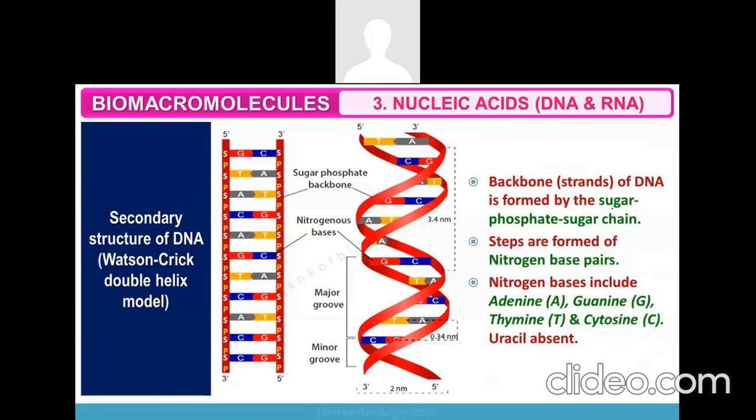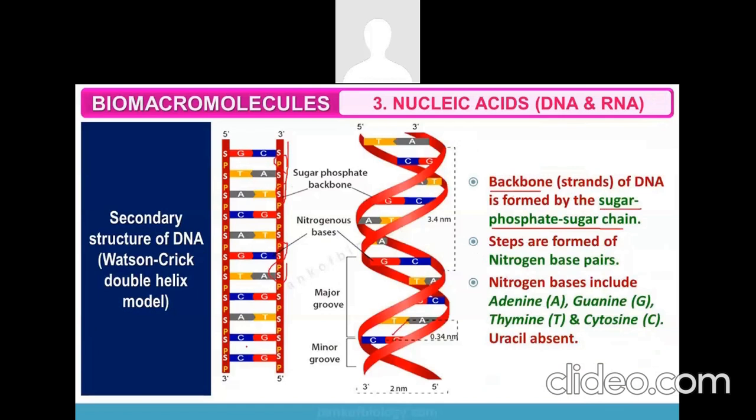The backbone of DNA is formed by the sugar-phosphate chain. You can find a constant sugar and phosphate that are bonded wherever I am circling. The bond between the phosphate and the sugar forms the basic backbone.